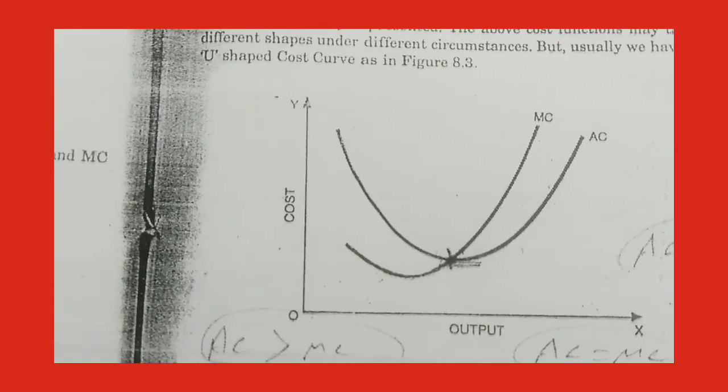Once the optimum output is reached, average cost starts rising as more is produced beyond this. The rise in average variable cost more than offsets the small fall in average fixed cost, and the average cost will rise quickly.